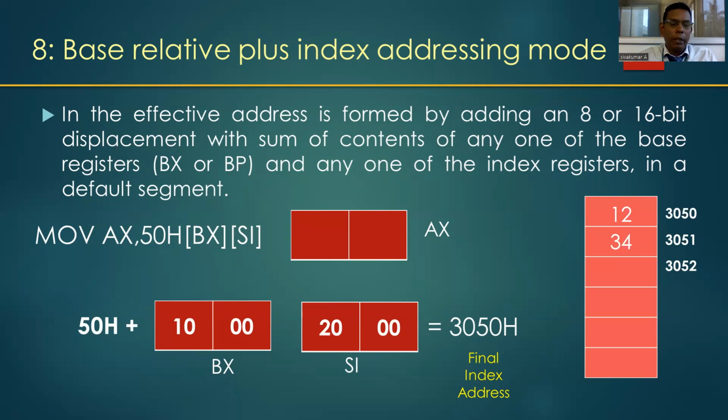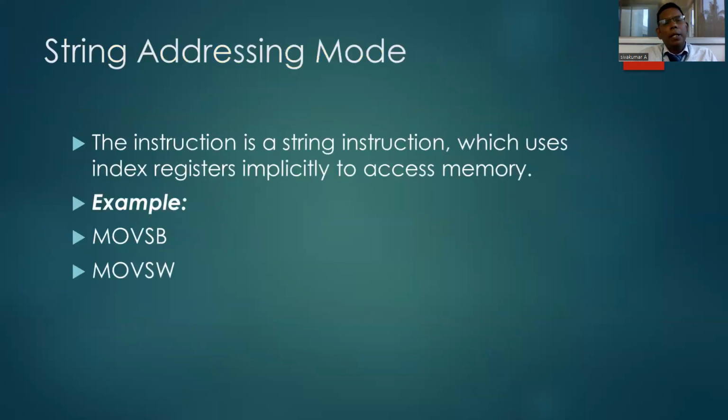BX contains 1000, SI contains 2000. The sum of BX and SI is 3000 and the displacement is 50. So 3000 plus 50, the final address is 3050. So 3050 contains the lower order byte and 3051 contains the higher order byte. That data will be moved into the AX register.